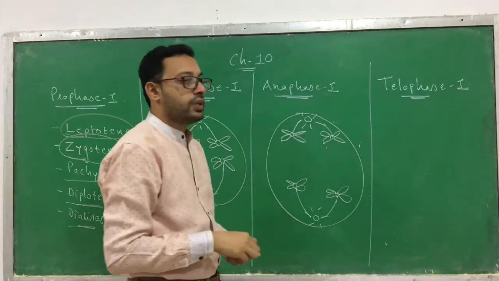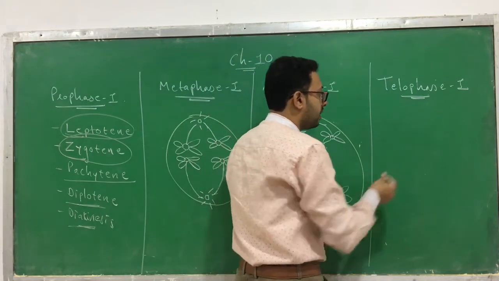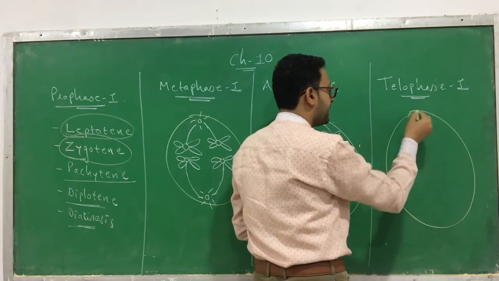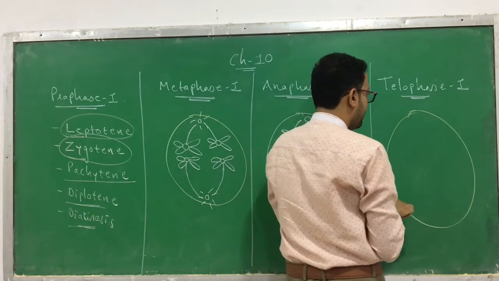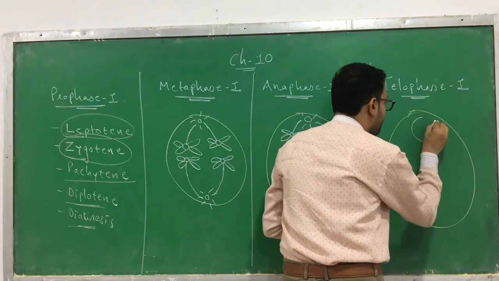What is telophase 1? What happens in telophase 1? Here all the chromosomes get condensed towards one pole. On both poles there is development of a nuclear membrane.